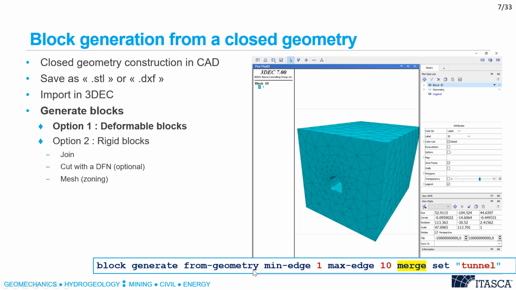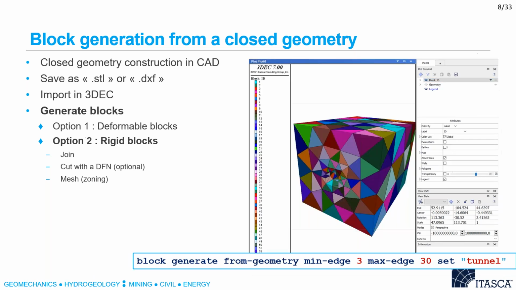So it's one single command that allows us to generate the model. When I use the merge command, I have a deformable model. If I don't use the merge command, we have rigid blocks inside this tunnel.